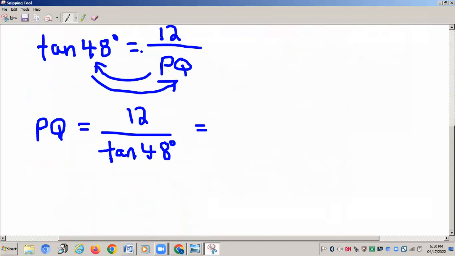Say that again for me. 10.8. Oh, okay. So it's also one decimal place, you see. So it's just 10.8 then. That's it. Any questions?